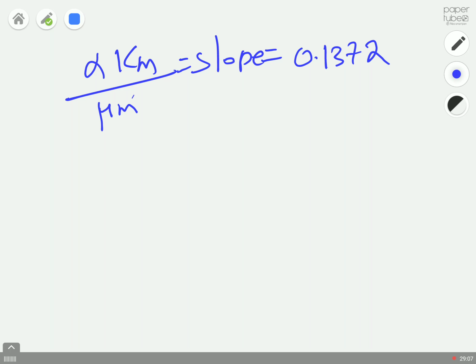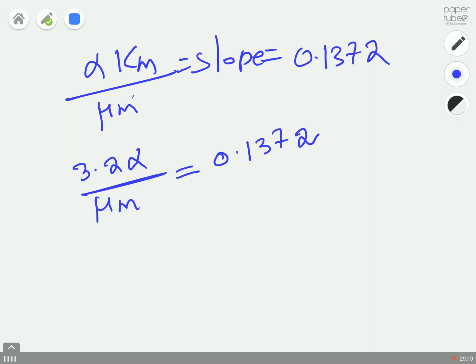Your Km value is 3.2. So 3.2 times alpha by mu m is equal to 0.1372. And you know mu m is equal to 0.0438 alpha.